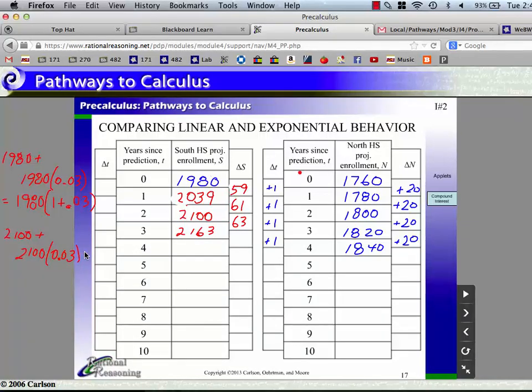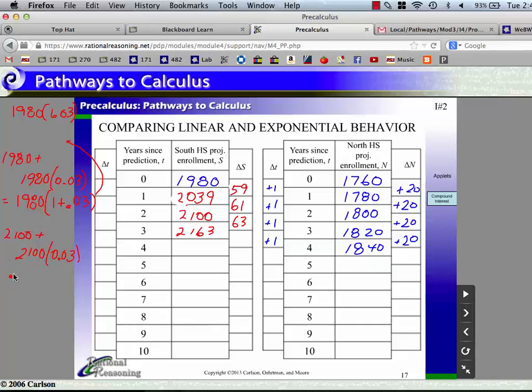Or 1980 times 1.03. So to get the enrollment one year later, we could have multiplied by 1.03.